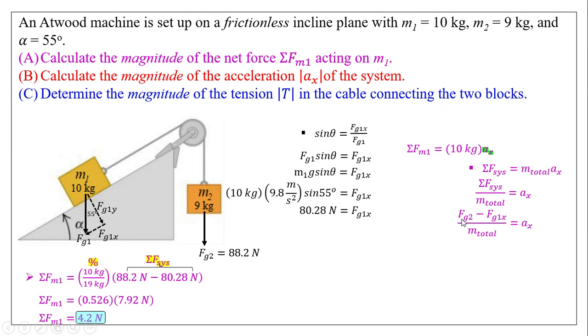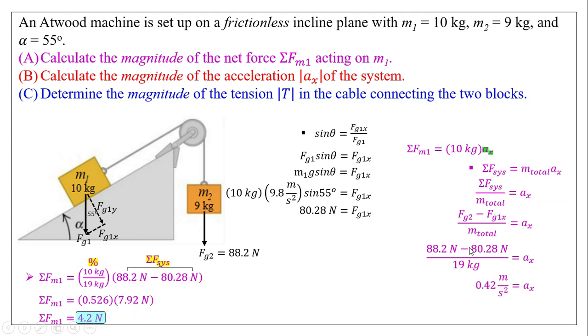It would be the weight of m2, which is the hanging block, minus Fg1x, which is pointing down the ramp. And pointing down the ramp would be, in this case, against the object's motion again, because the m1 wants to move up the ramp based on our reasoning here. Okay. So therefore, F of g2 would be 88.2. F of g1x would be 80.28, which is calculated right here for you. And then the total mass of the system would be 19 kilograms because 10 plus 9 is 19.